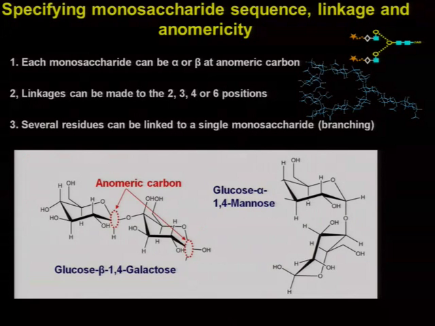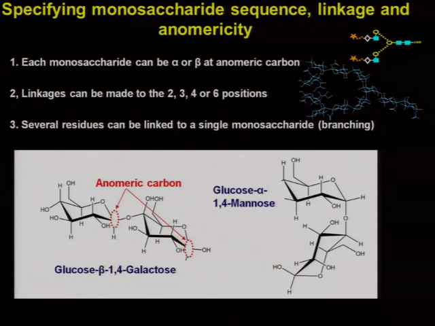So here, you start from the oxygen, this is 1, 2, 3, 4, 5, 6. So this is a 1 linkage, and it's linked to the carbon number 4 in this monosaccharide here. So you have to be able to specify whether it's bound to a 4 position or a 3 position, 2 position, or even a 6 position.